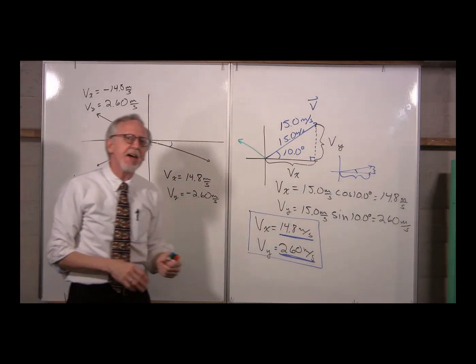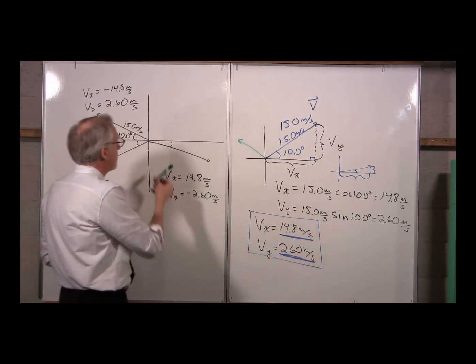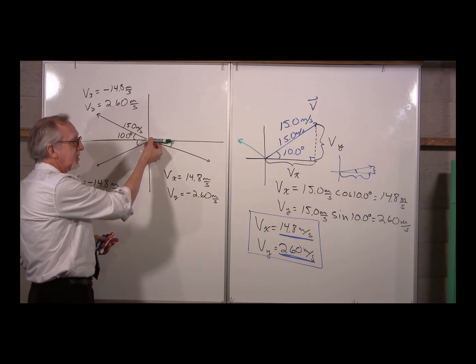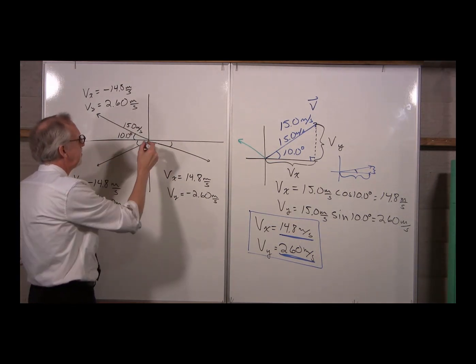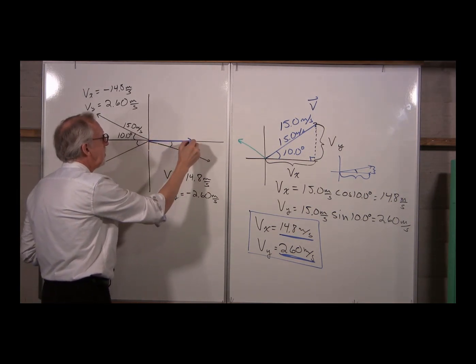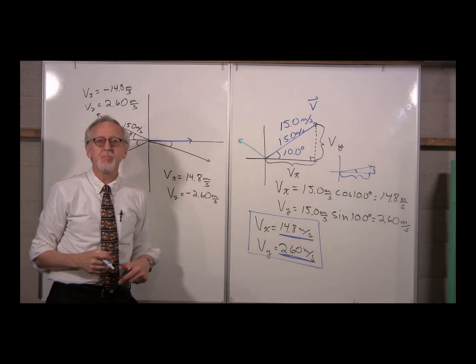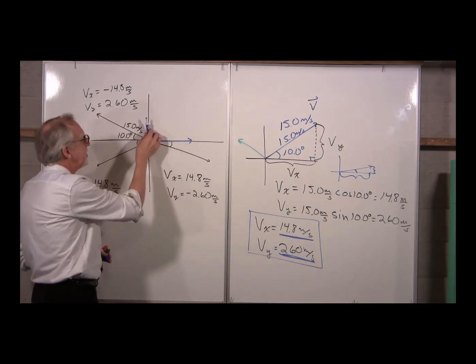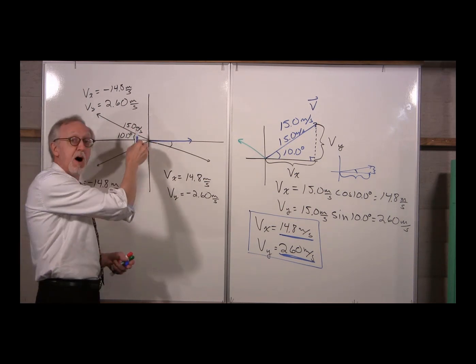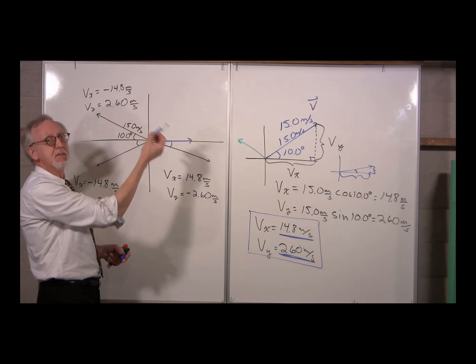Great. What if the vector is exactly on an axis? What if the vector points directly on the x-axis? If it points along the positive x-axis, we would have a positive x component. What would the y component be? It would be 0, a 0 y component. What if it pointed in the positive y direction? We'd have a positive y component. What would the x component be? 0.